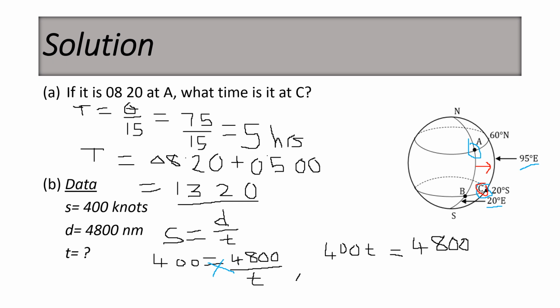Then to make T the subject of the formula, you divide both sides by 400.